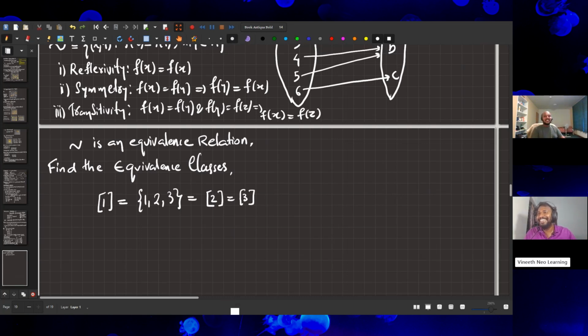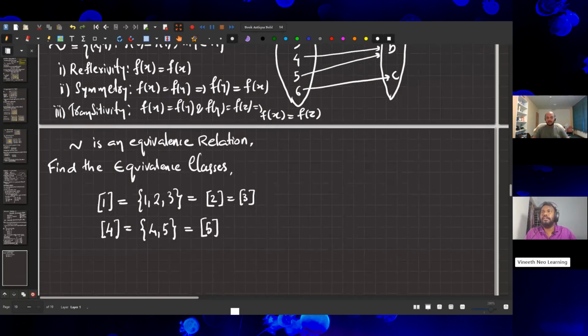Okay, what are the other equivalence classes, Joe? 4 and 5. Equivalence class of 4 is 4, 5, isn't it? Because both 4 and 5 have the same image here.